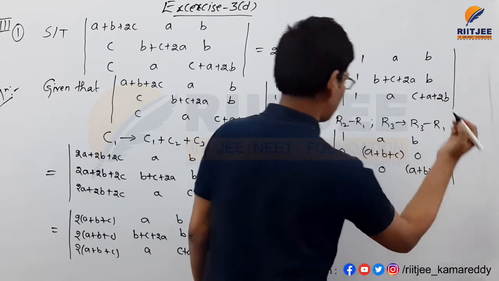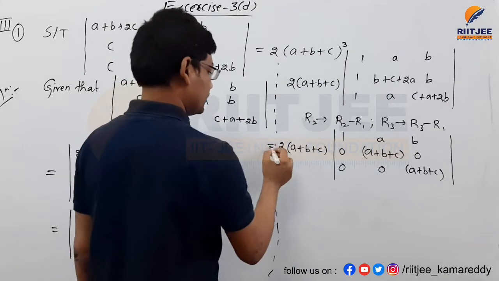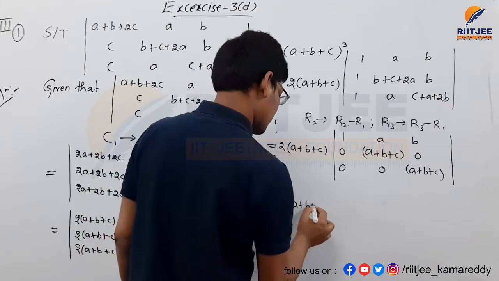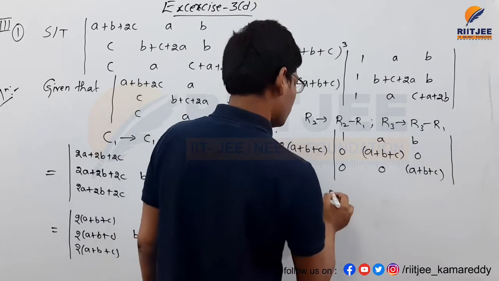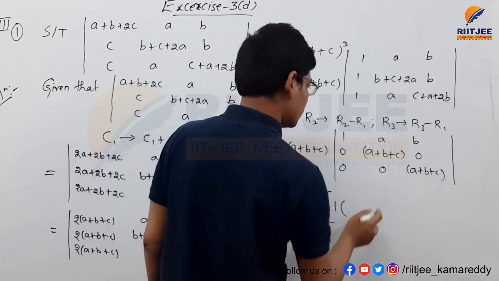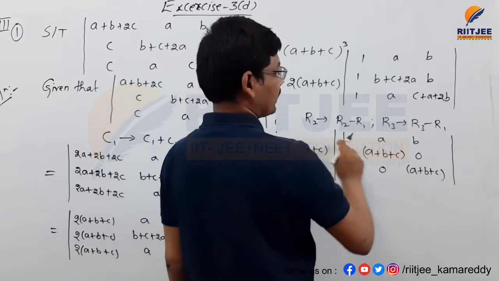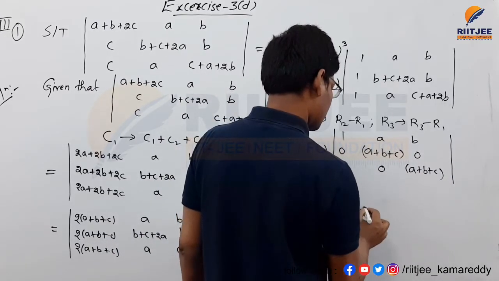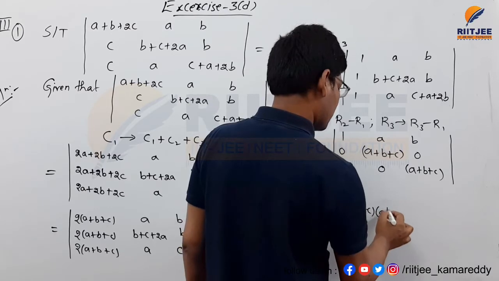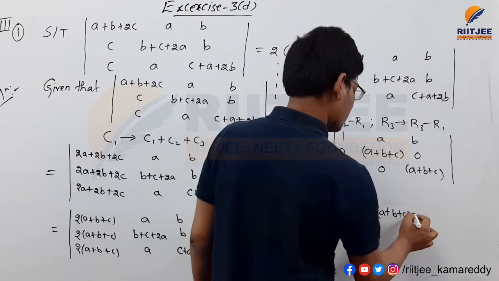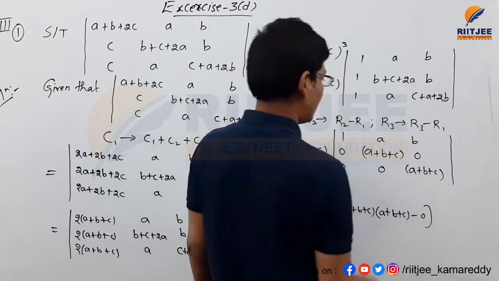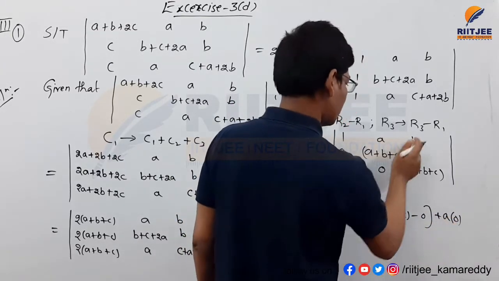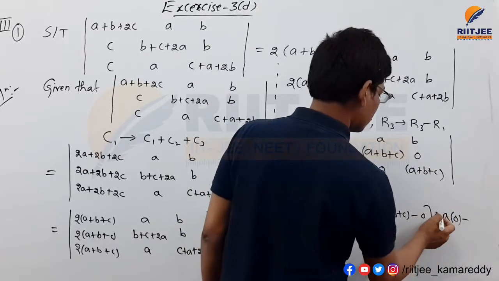So close the modulus here. For this determinant, 2 of (a plus b plus c) into 1 into this: eliminating the row and column, we get (a plus b plus c) into (a plus b plus c) minus 0, and the other terms have determinant 0.